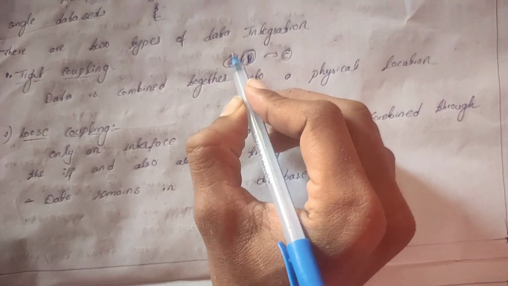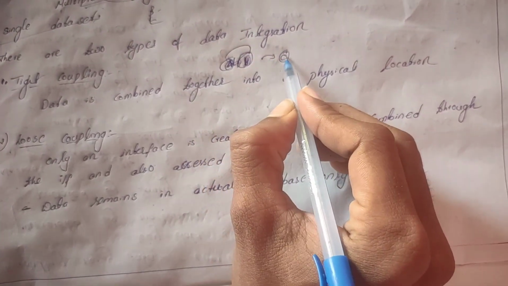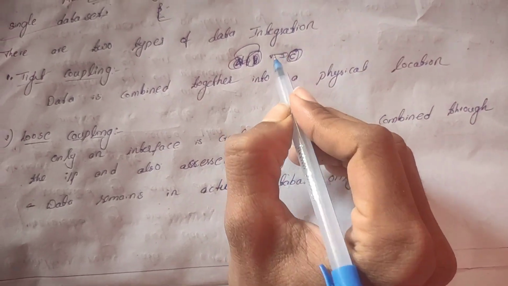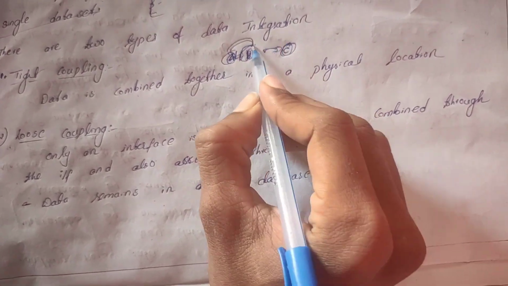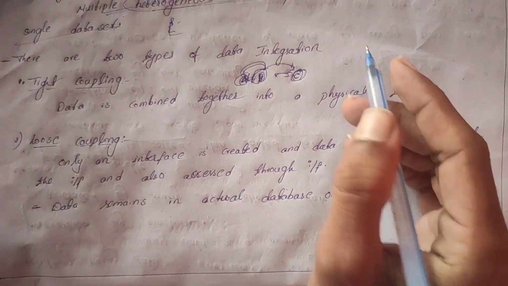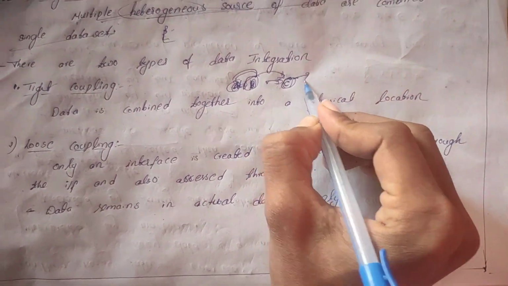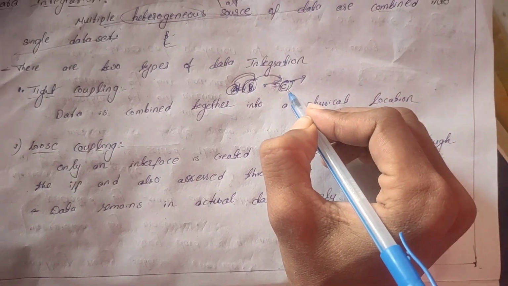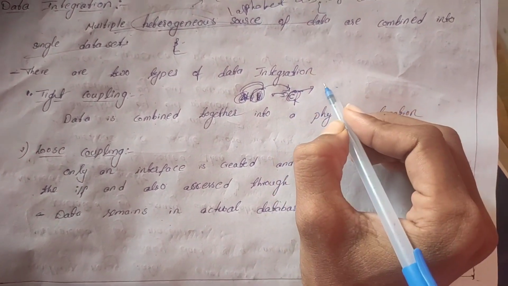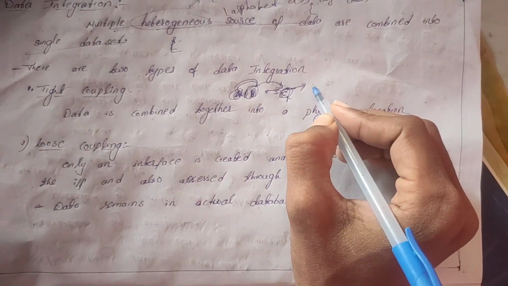These data sets are combined into a physical location. We'll create one separate location for C, and the combined data will be stored in this physical data set. And the main drawback is that we cannot easily access the A and B data sets contained in C. It is difficult to access.